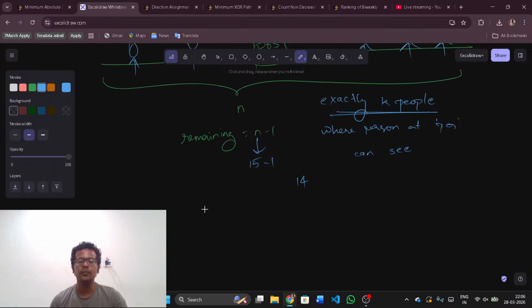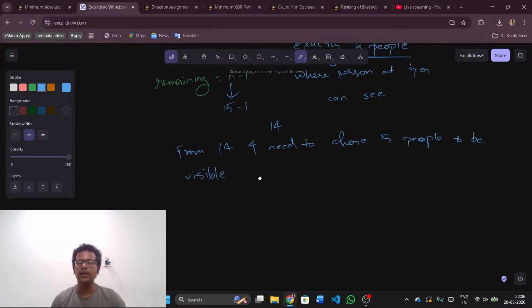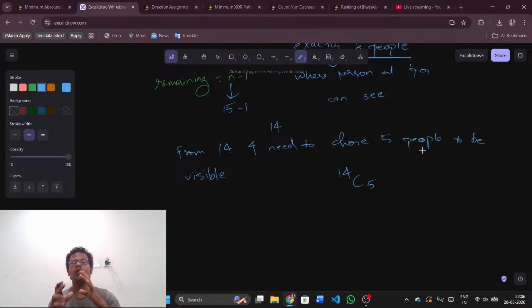From 14, I need to choose 5 people to be visible. So it's nothing but from 14, I'm just taking 5 of them. So it's nothing but 14C5.